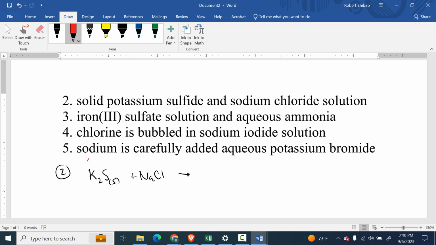If you look at this reaction just looks like an AB plus CD. If it's an AB plus CD reaction, then we're going to get potassium chloride and sodium sulfide. Right? In other words, double replacement.